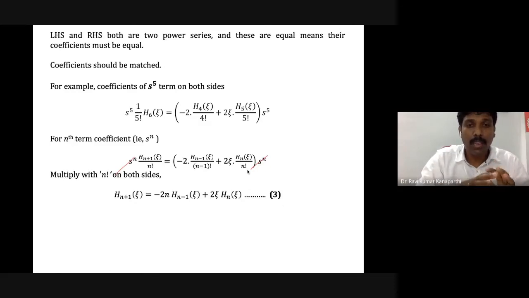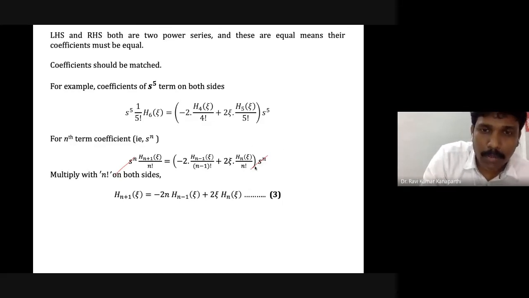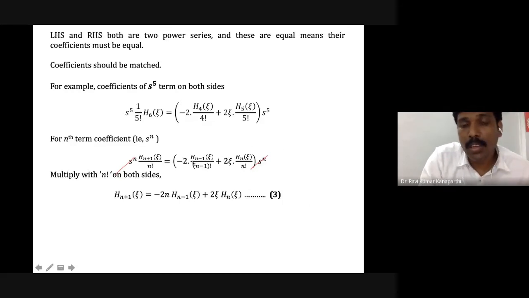Therefore, we can multiply the entire expression with n factorial, which essentially gives us h n plus 1 of z is equal to minus 2n. Where has n come from? Here we are multiplying with n factorial, so n factorial by n minus 1 factorial is nothing but n.